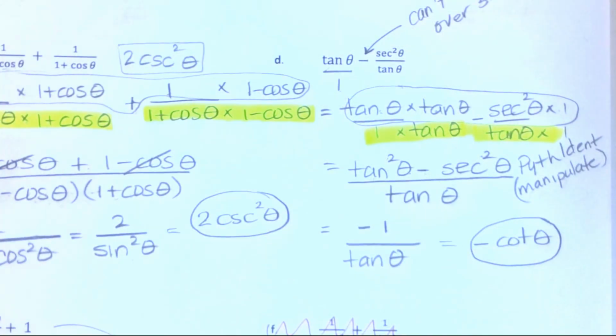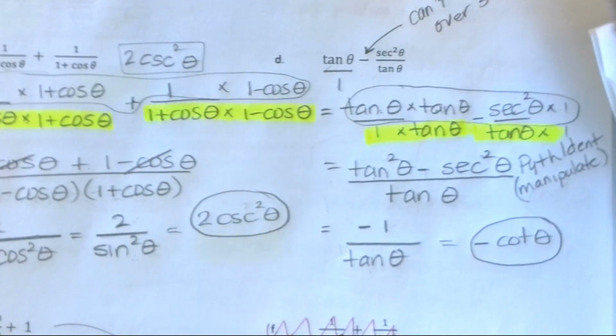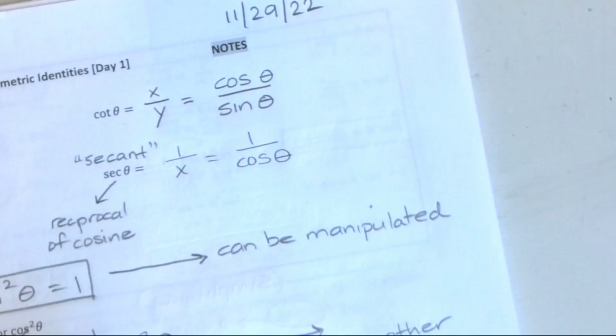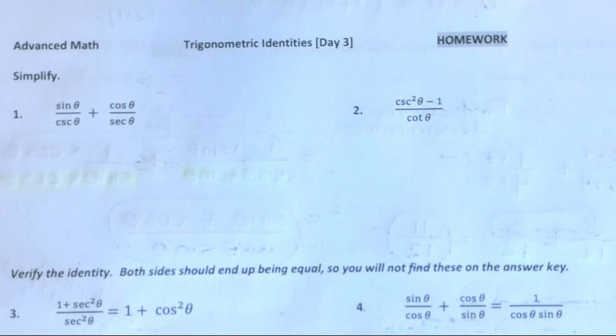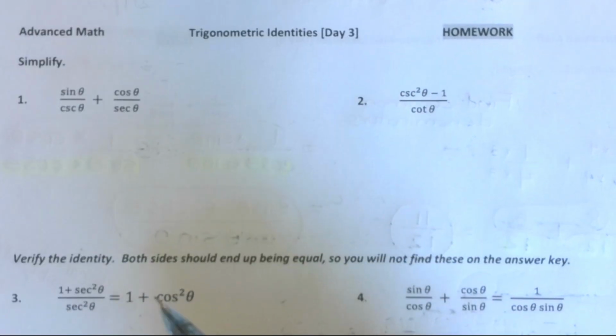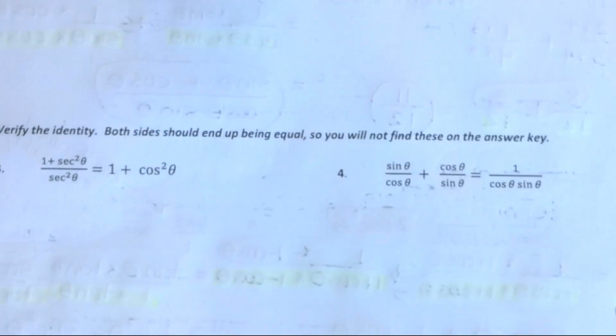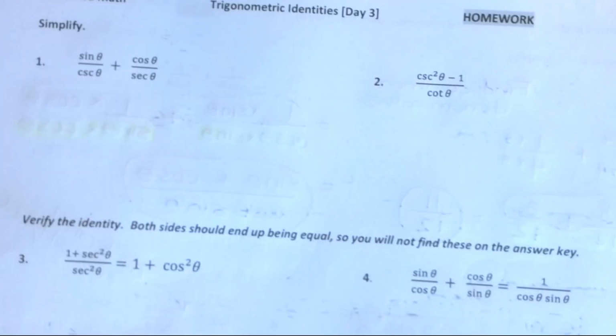So when you flip over, you'll see your practice homework. I'm going to give you the answers to 1 and 2 at the top so that you know that you did it correctly, but 3 through 8 is just the regular verification. I've given you the answer. You just ignore one side and simplify.